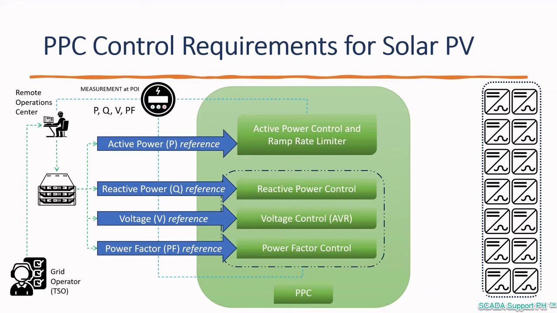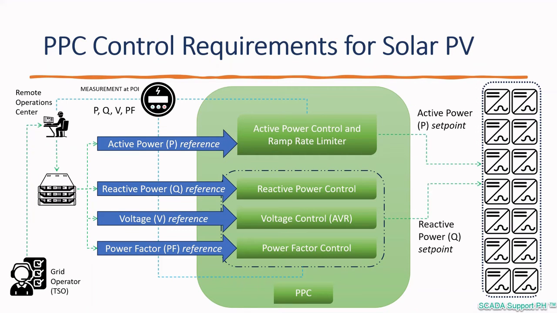In some use cases with externally accessible PPCs, references can also be received from the grid operator by an optionally integrated protocol converter conforming to IEC standards. The active power reference is tied to the ramp rate control function to generate a new active power set point.